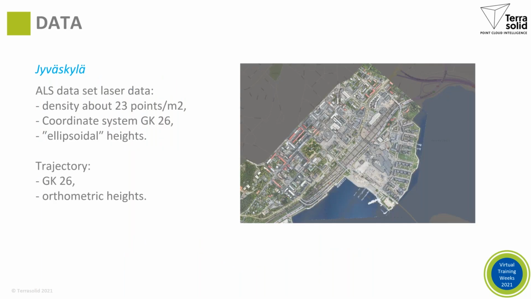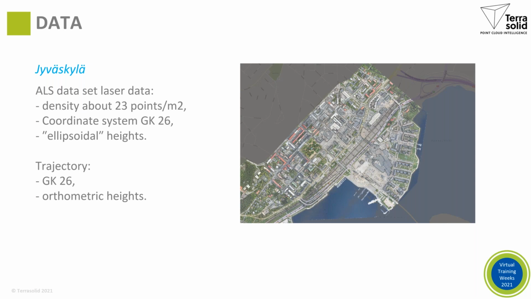A couple of words about the data. In the folder which you downloaded, ALS Basics, you have data from Jyväskylä city. It is a city in Finland. From all information, probably the most important is that the trajectory and laser data are in different height systems.